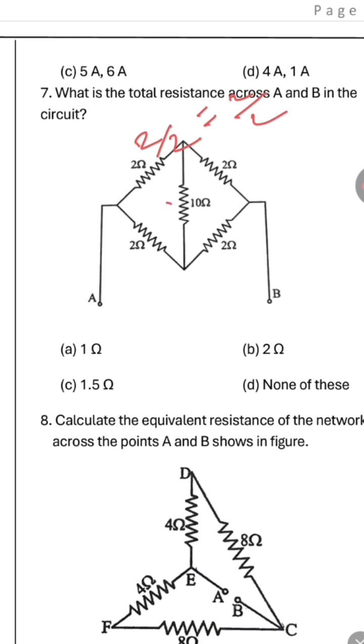Therefore there will be no current through 10 ohm. Hence we don't need to consider this 10 ohm. Then we find these two are in series and these two are in series, that is 4 ohm and 4 ohm. And when we calculate 4 by 2, it will be 2 ohm.